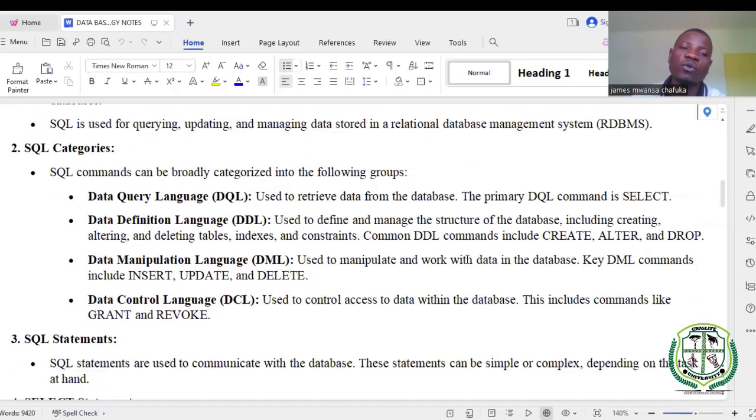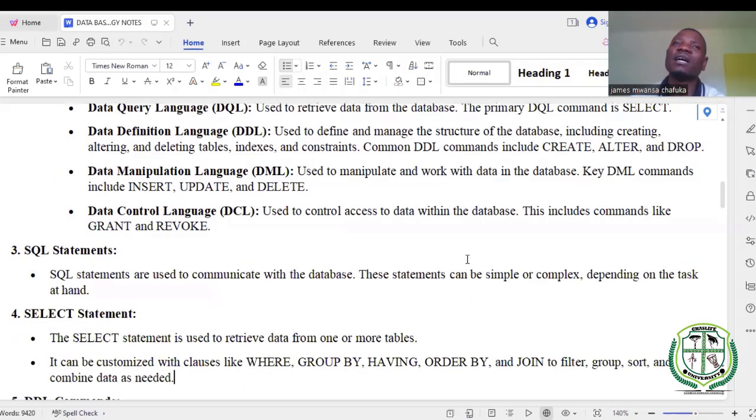Let us also proceed by looking at structured query language statements. Under SQL statements, we are saying that SQL statements are used to communicate with the database.